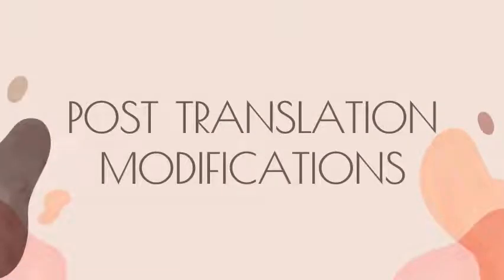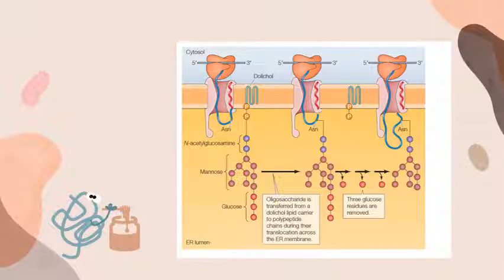We have what we call the post-translation modifications. Once the membrane protein is transferred to the ER lumen, it might be modified by the N-glycosylation. This N-glycosylation process will prevent the protein aggregation in the ER, and it will provide a signal for the sorting. So this is the importance of this glycosylation process.